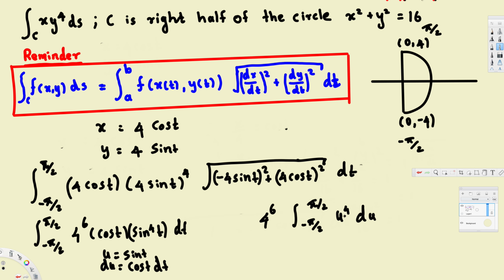Okay, now this integration is easy. This is going to be just 4 power 6 times u power 5 divided by 5, and that's going from negative 5π/2 to 5π/2, but when I do the u substitution, I should find the new limits of integration.